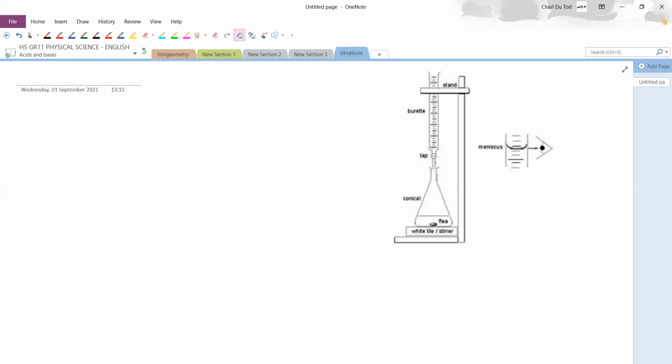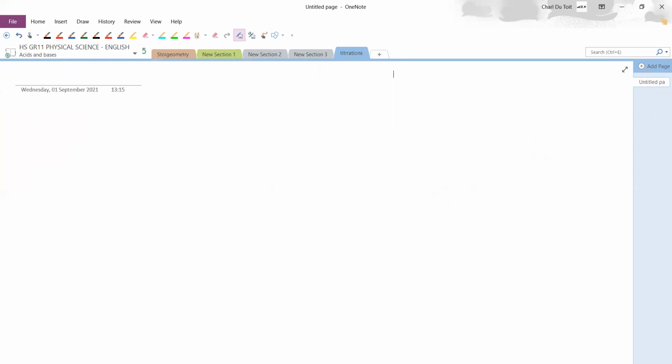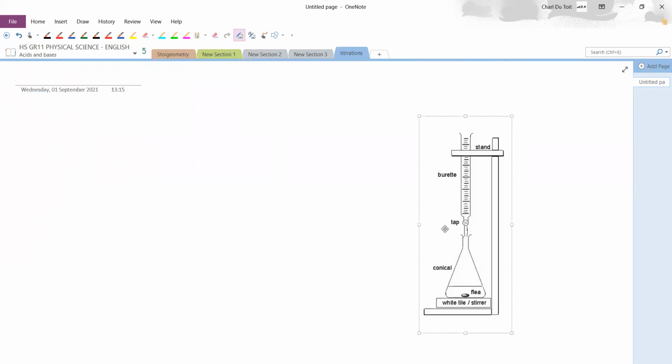I'll just try and get a better picture to show you what you are physically going to do in a titration. You're right, it's a neutralization reaction between an acid and a base.